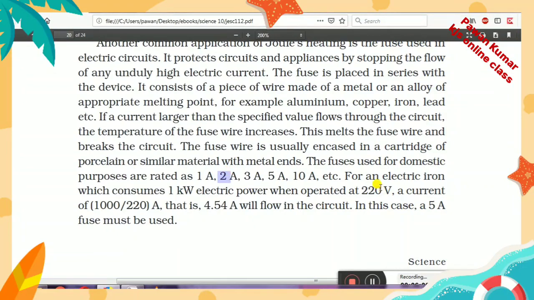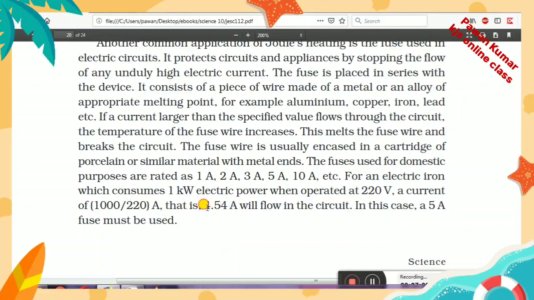For an electric iron which consumes 1 kilowatt electric power when operated at this volt, a current of these ampere is produced, that is 4.54 ampere. Now this is an example. What is this? Electric iron. This electric iron, which is of 1 kilowatt power and operated at 220 volt supply, is consuming a current of 4.54 ampere.